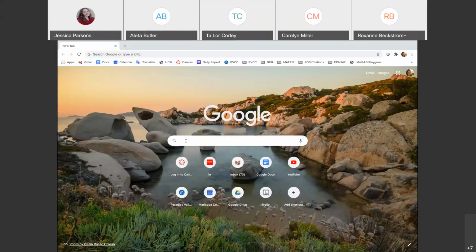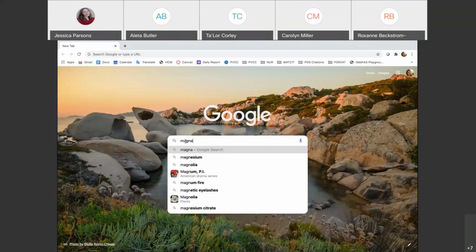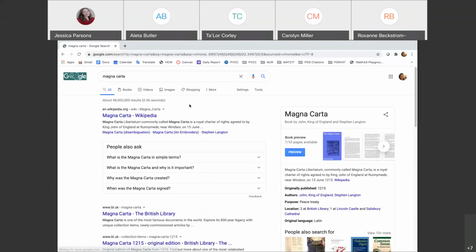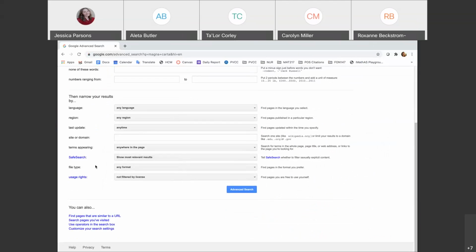So to start out, all we'll need to do is a quick Google search of the Magna Carta. Enter. And what we do is we go into advanced search settings on Google to help find resources. We scroll down to the bottom and look up the usage rights.